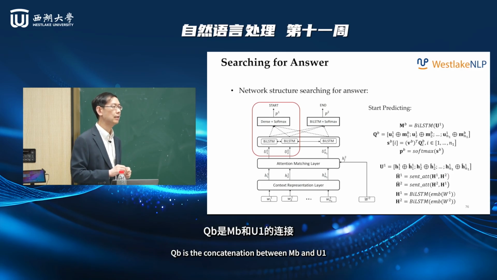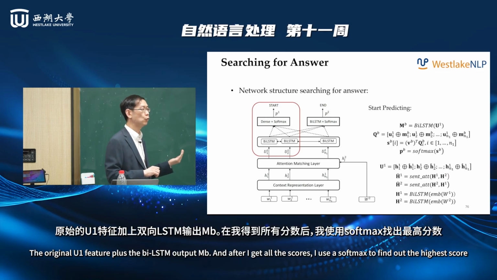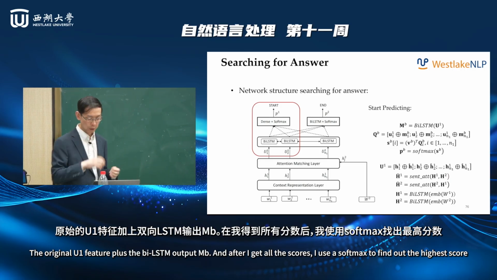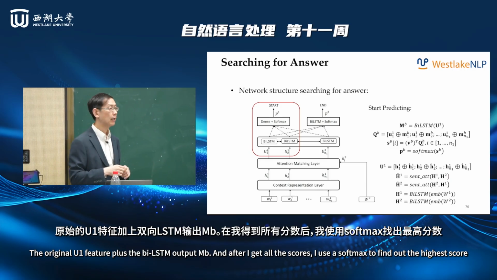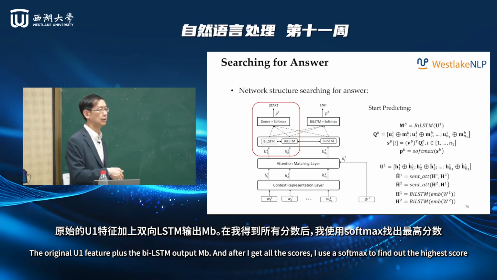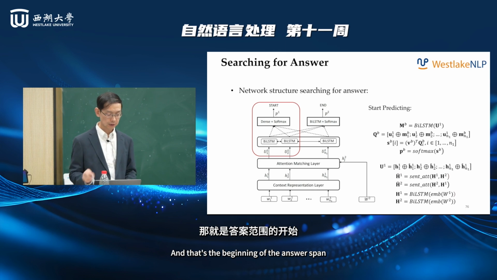QB is the concatenation between MB and U1. So that's a richer feature: the original U1 feature plus the BiLSTM output MB. And after I get all the scores, I use a softmax to find out the highest score. And that's the beginning of the answer span.